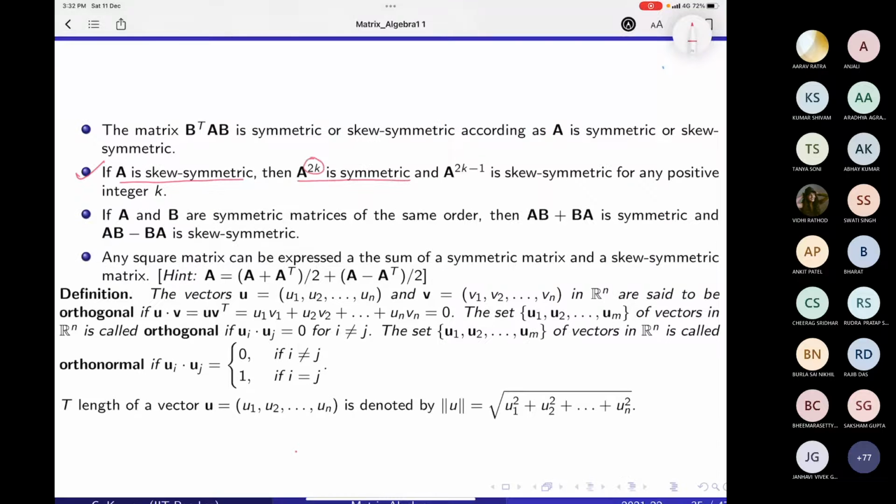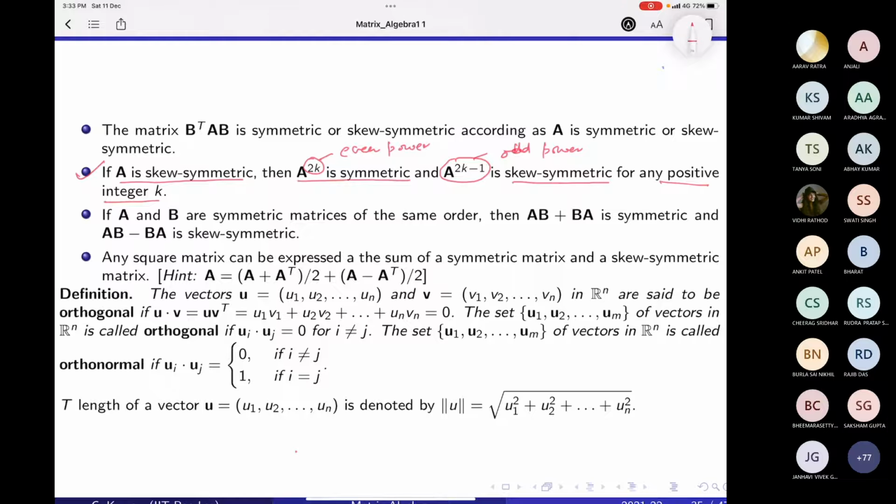You can see that this is an even power of A, and the odd power of A is skew symmetric for any positive integer k. So if A is skew symmetric, then A raised to 2k is symmetric, and A raised to 2k minus 1 is skew symmetric. You can easily check by taking the transpose and all those things.